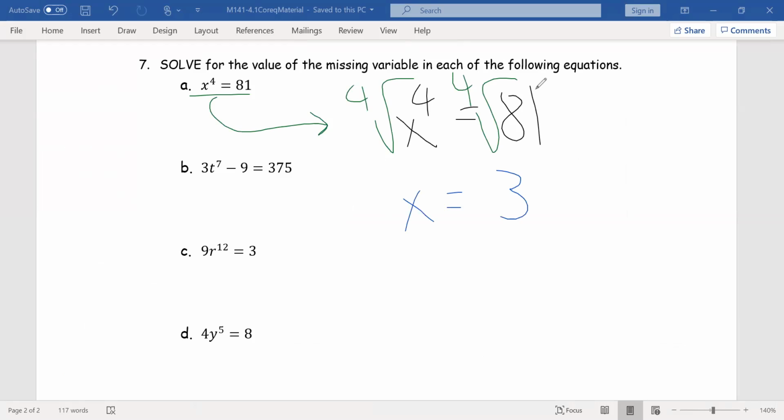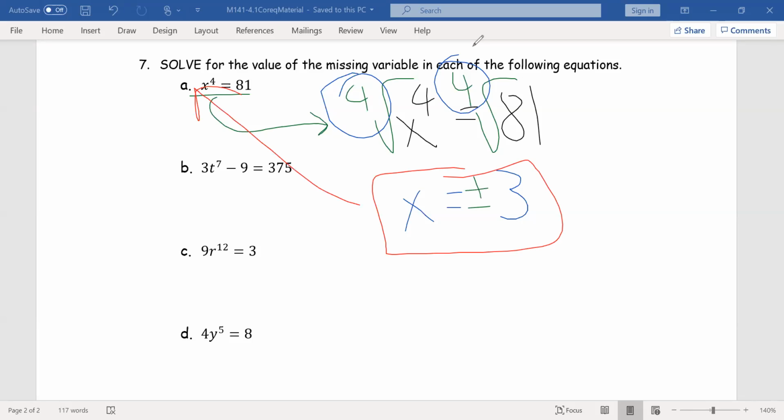Now, one other thing: when we're taking an even root of a number, there are always two answers. The way we show the two answers is with the plus or minus. So here we get that x is plus or minus 3. You could check that either one of those numbers, if you plug it in for x up here, will give us a true statement.